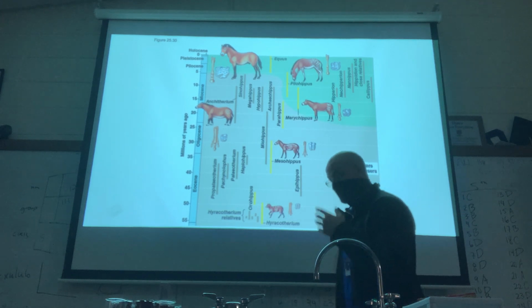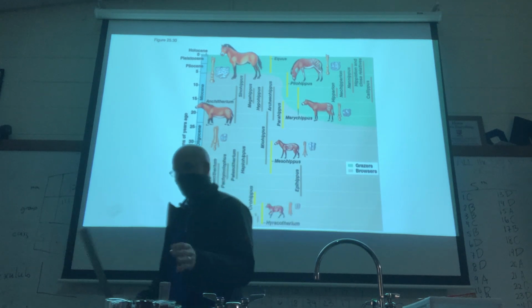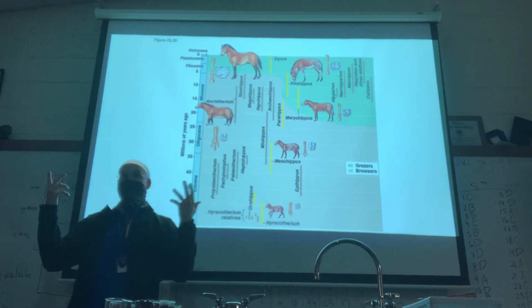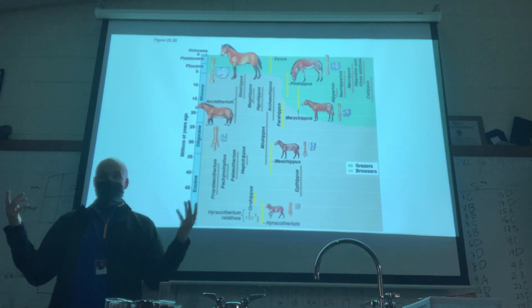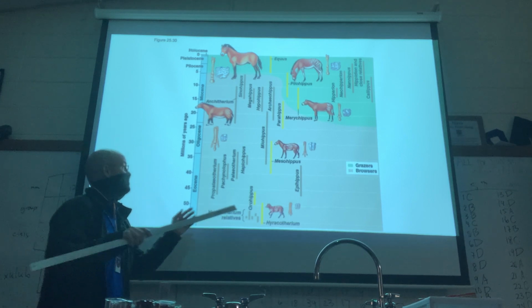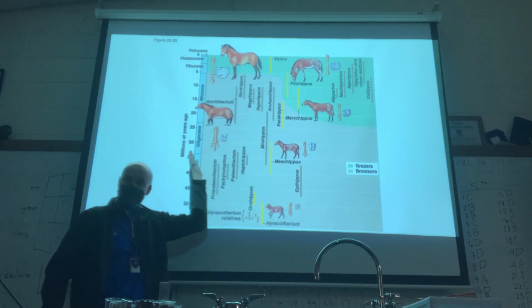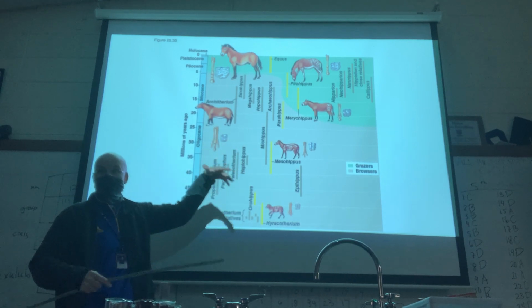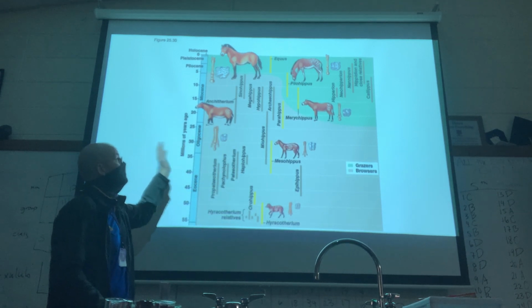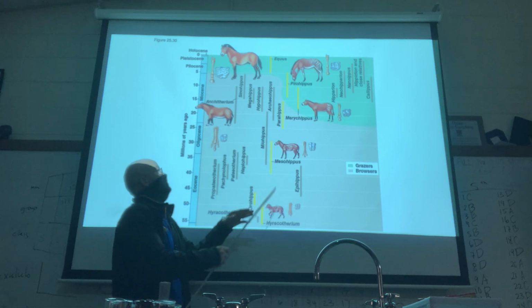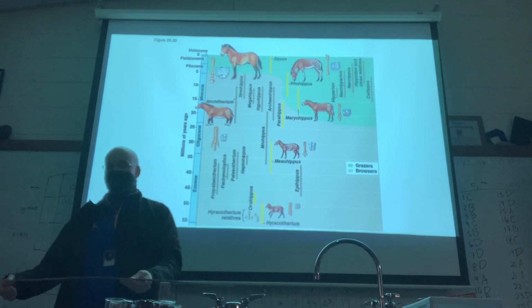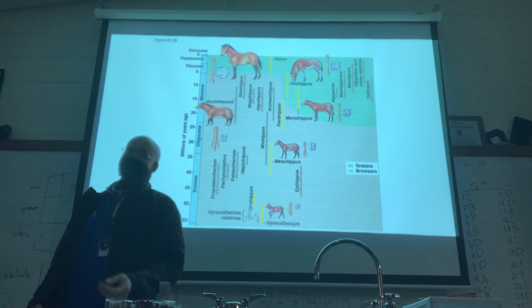So evolution is not a straight line. It is a branching tree, and some of the branches are still alive today. Once a branch goes extinct, it's done. That gene pool and that genetic diversity is gone. But as long as a branch can continue, that general line continues.